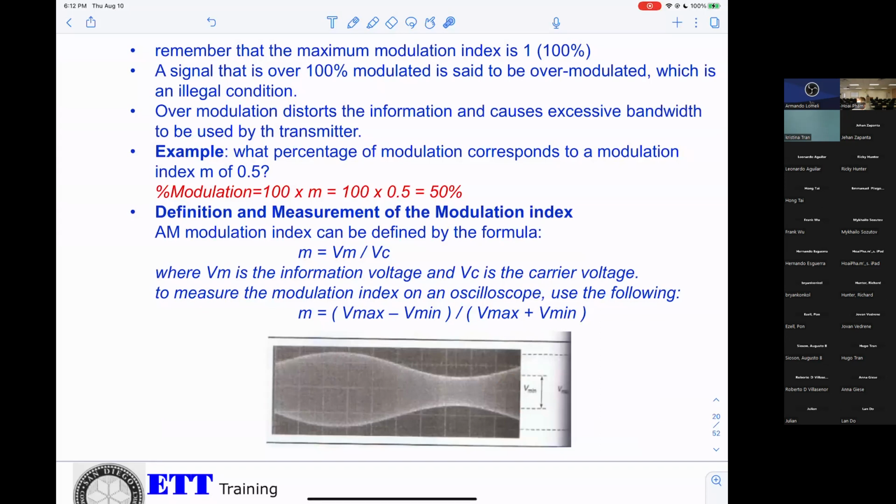And that will be the maximum. That is a maximum. Okay? And that will be the minimum. So M will be equal to V max minus V minimum divided by V max plus V minimum. When you're looking, this signal will be displayed on the oscilloscope. That will tell you what the V max is, okay, and what the minimum is.